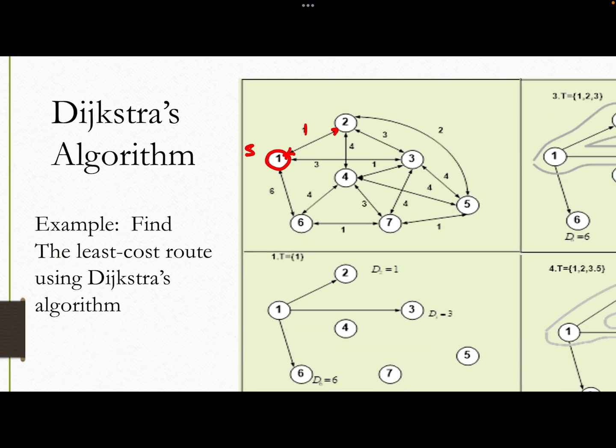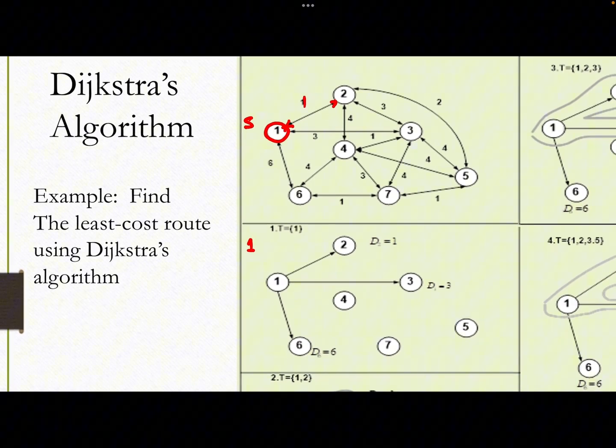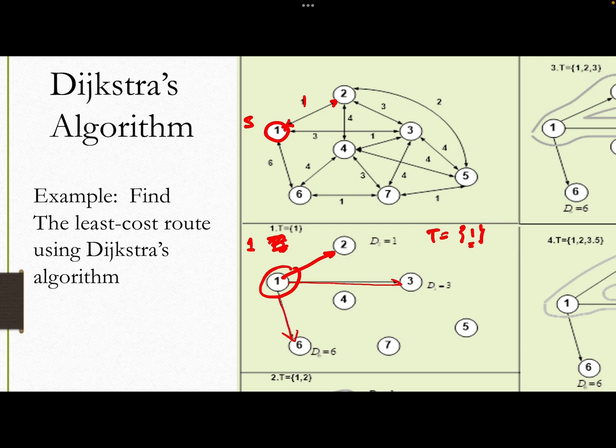At first, in step 1, set T has only the source node, so it's actually this one. Then you find the shortest path to the neighboring nodes connected to the node in T. Now T has only node 1, so everything connected to 1 is marked like this, and this is the cost.